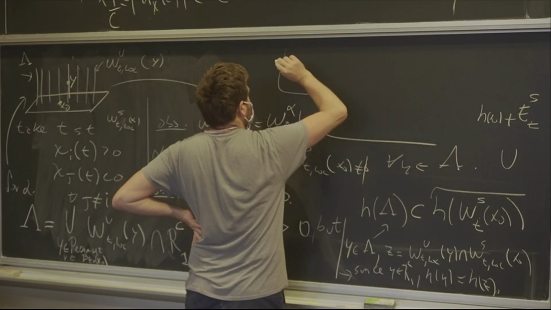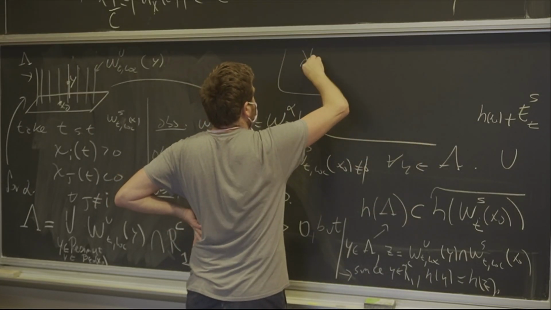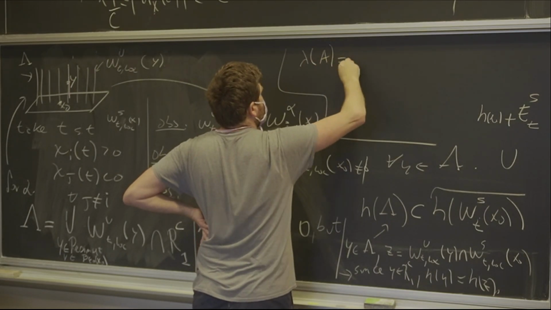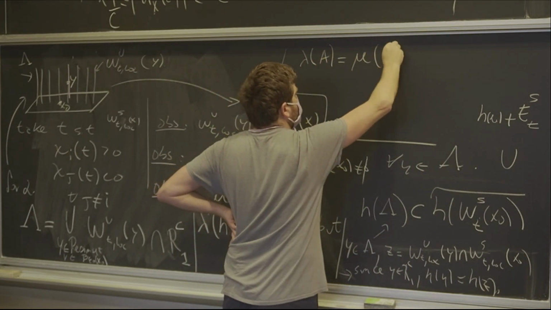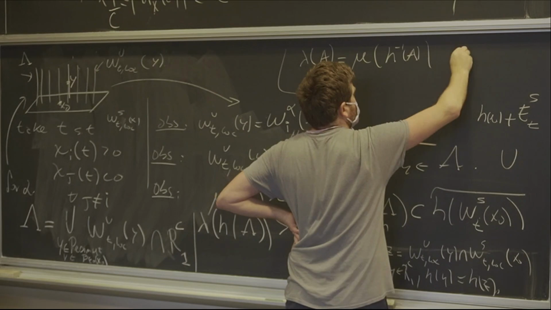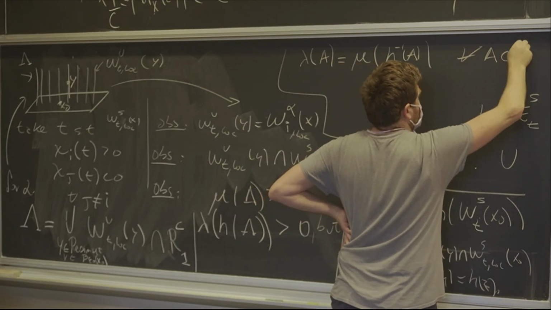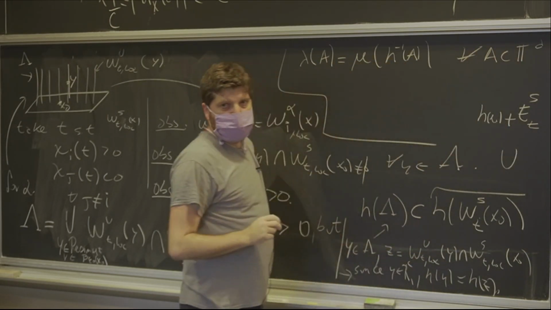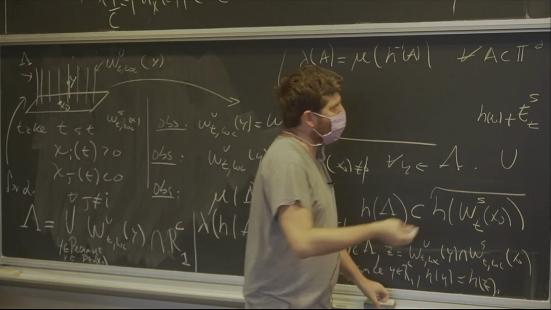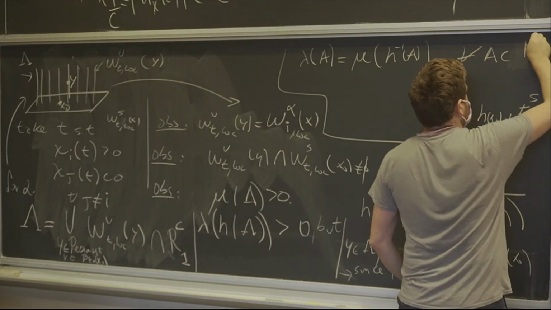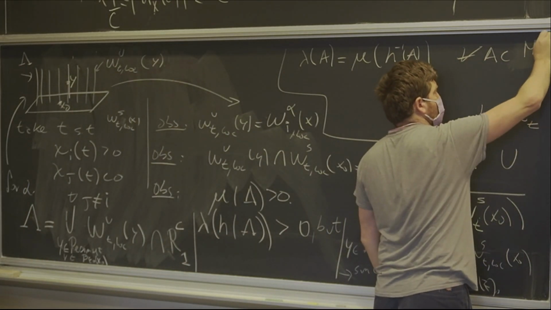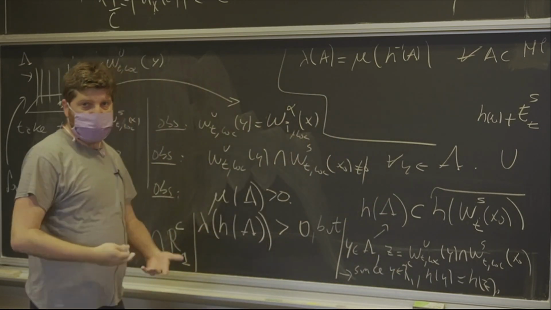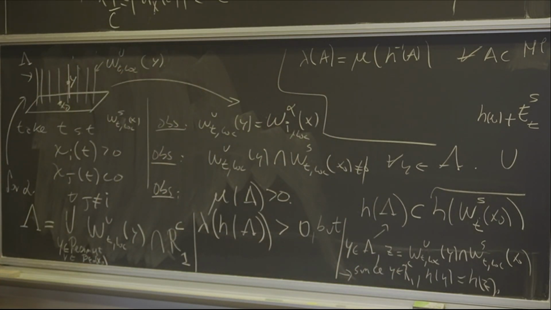So we have, by definition, essentially, lambda of A is mu of h inverse of A for every A in TD, or in M rho actually, because we are doing it in the suspension, but it's pretty much the same.